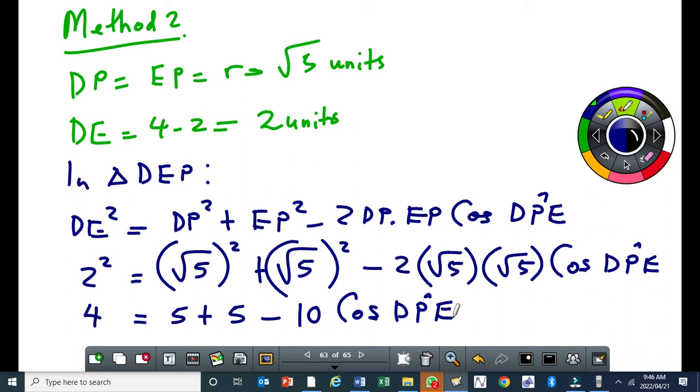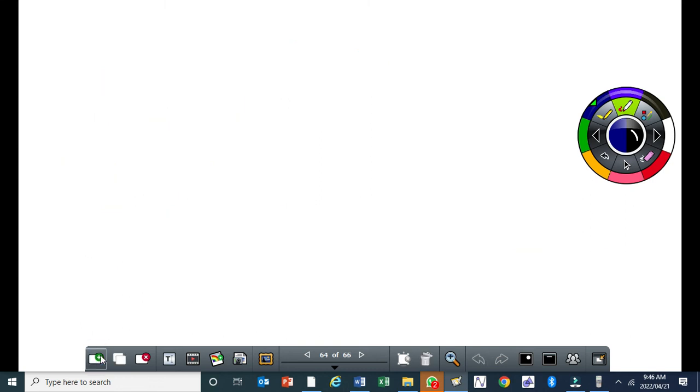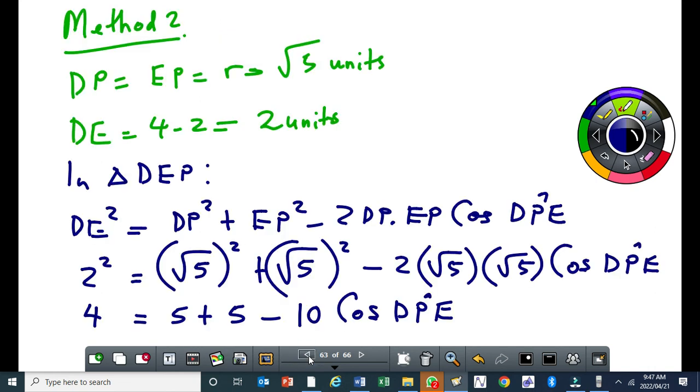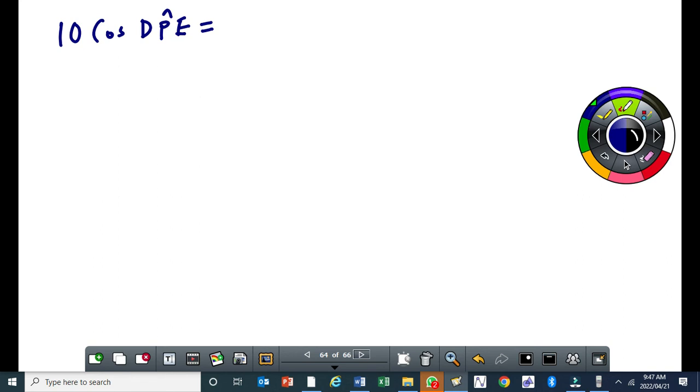Okay, so you get, I'll take that minus 10 cos GPE to the left. If I do that, I'll get 10 cosine of GPE will be equal to 10 minus 4, that's a 6. So that will be equal to 6. And then I'll get cos GPE is equal to 6 over 10.